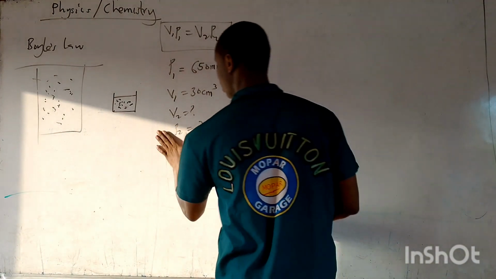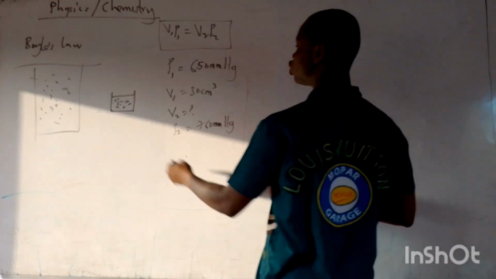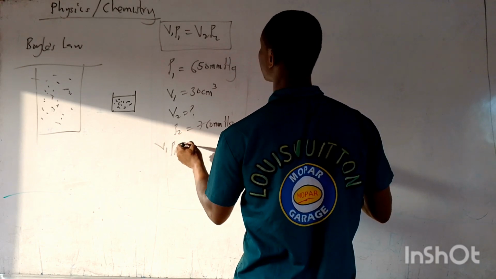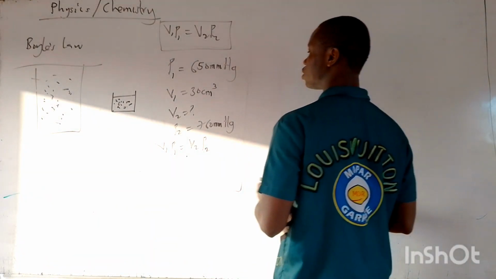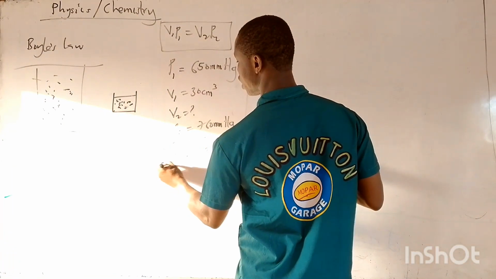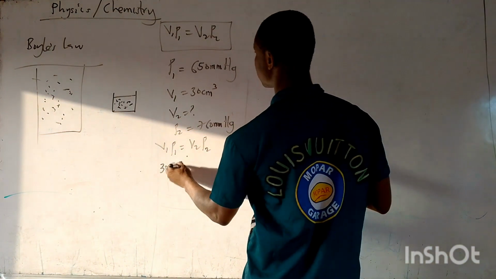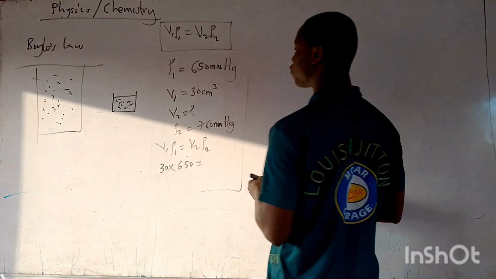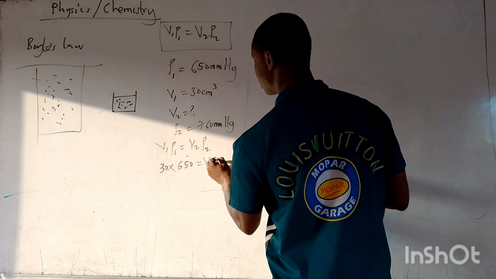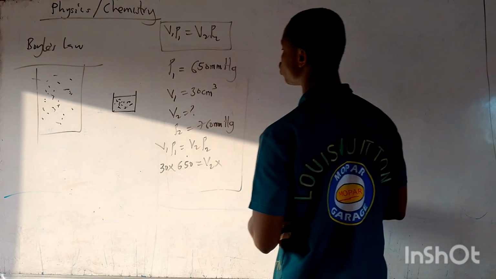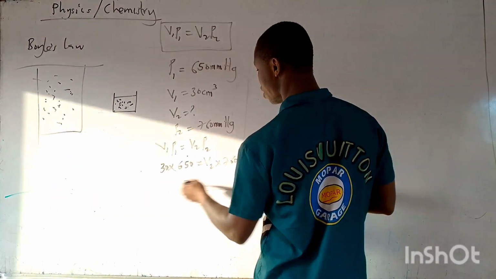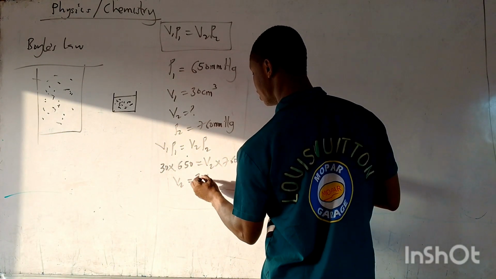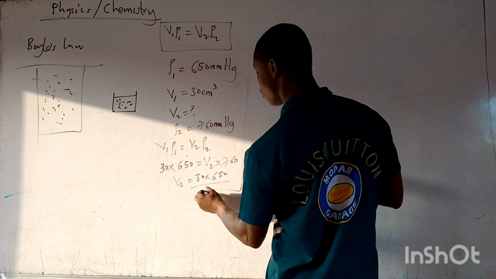So from there, we use V1P1 equals V2P2. V1 is 30 times P1, 650, equal to V2 times P2, which is 760. So V2 will be equal to 30 times 650 over 760.